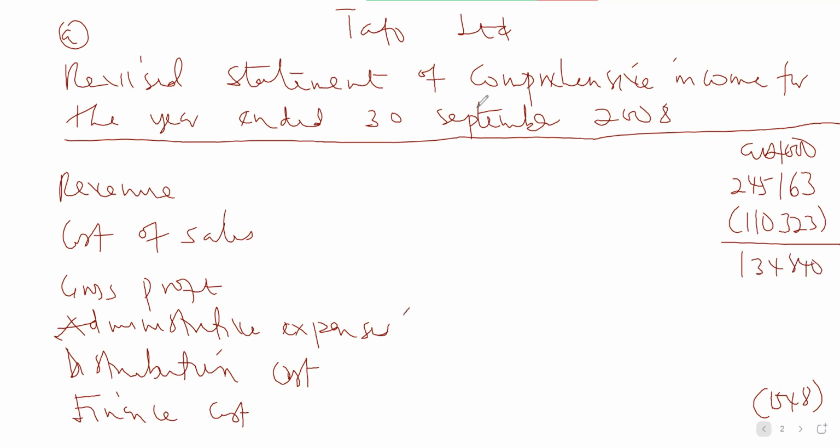Our administrative expenses, what will be the figure? 765. Our distribution cost, nothing has happened to it. 24,516.